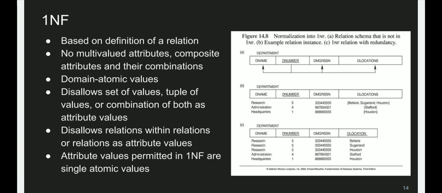So what we will do, we will keep the separate values in the table, as shown in figure C, which is a 1NF relation with redundancy. Also we will keep DNUMBER and DLOCATION as the key to identify the table.